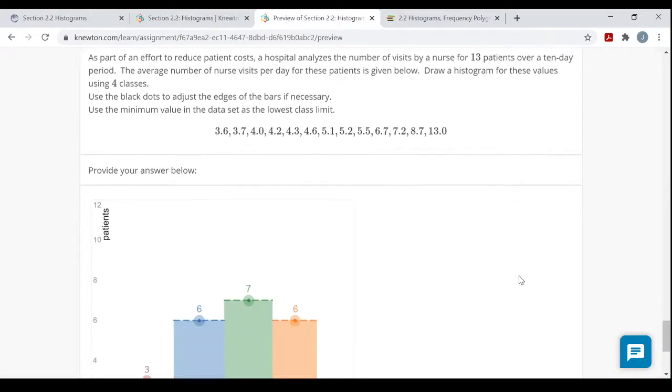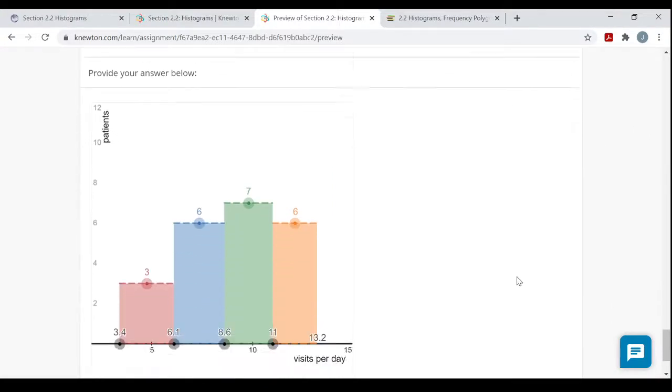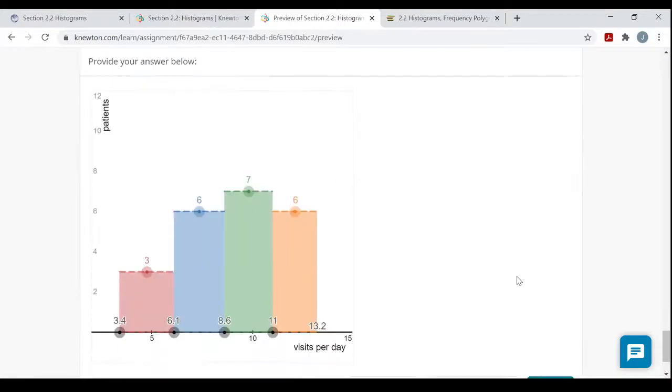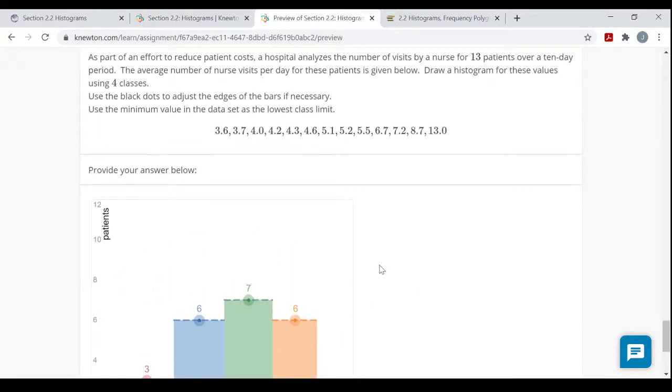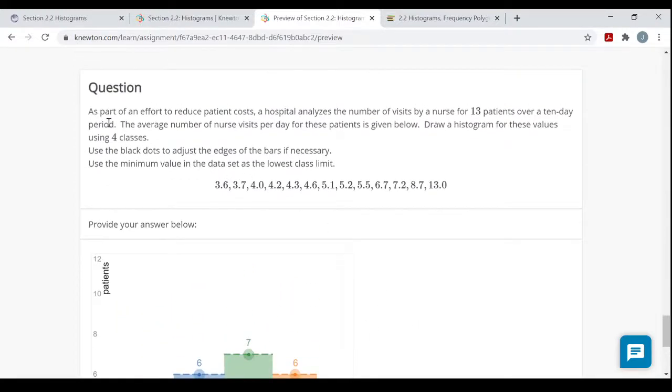Now, see. Histogram. It's the same set of data. And we're asked, as part of an effort, it's the same thing, to draw a histogram now for these values. It says use the black dots to adjust the edges of the bars if necessary.